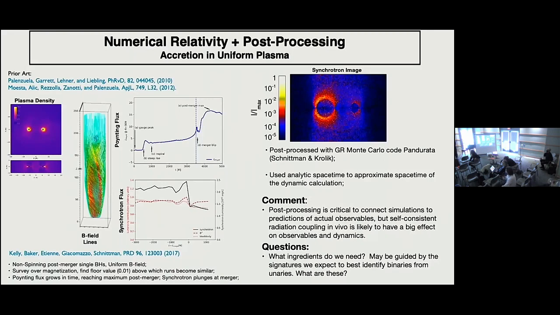Particularly, because AGN are so wild, how do we distinguish binaries from single AGN sources? Do we need more physics, or do we need to do this in a numerical relativity sense, or can we paint on the orbital effects, the kinematic effects?